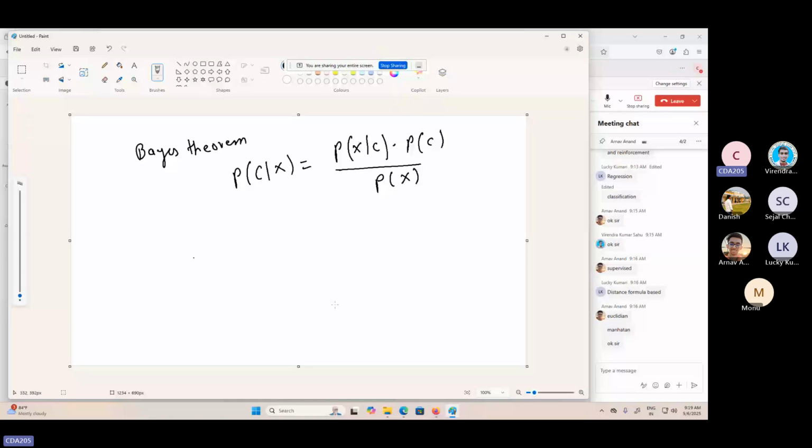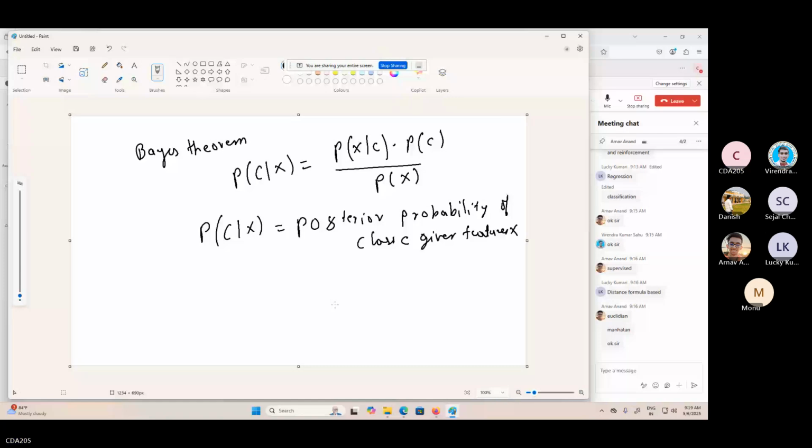So when we talk about P of C given X, it is the posterior probability of class C given features X. And what is P of X given C?